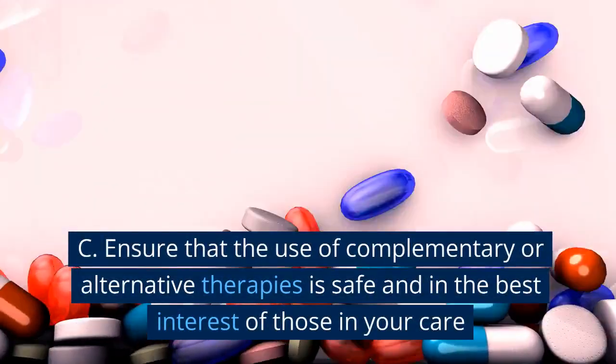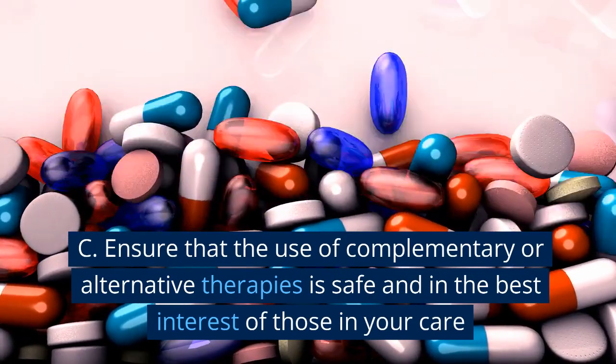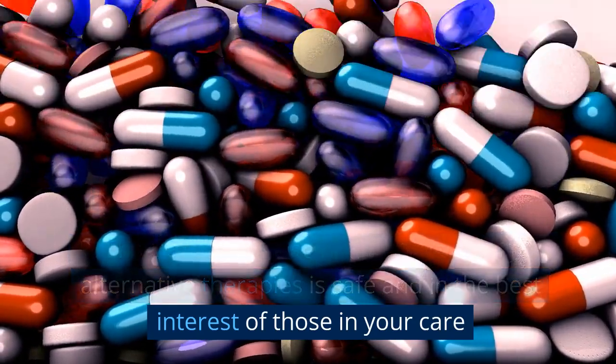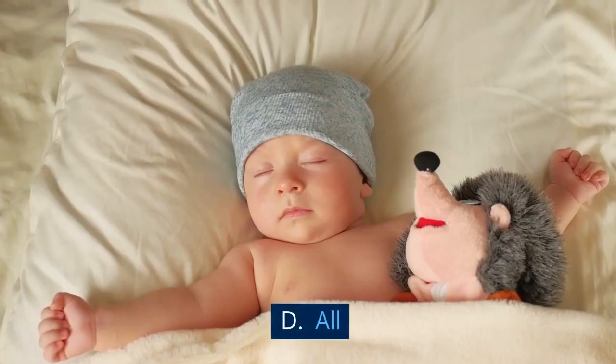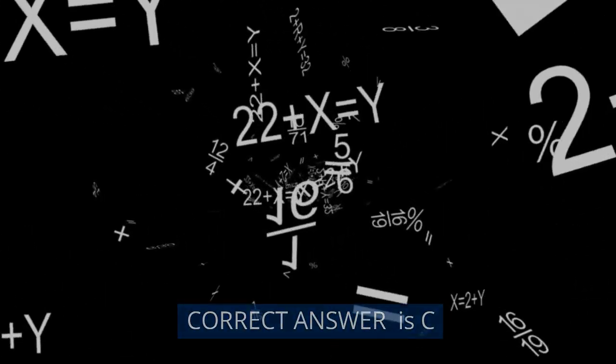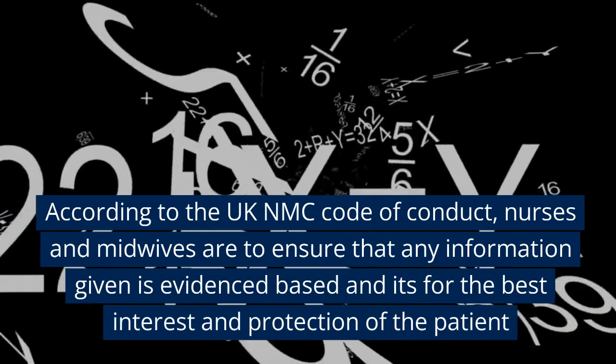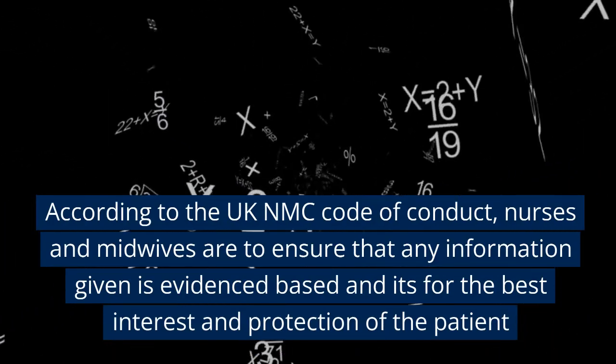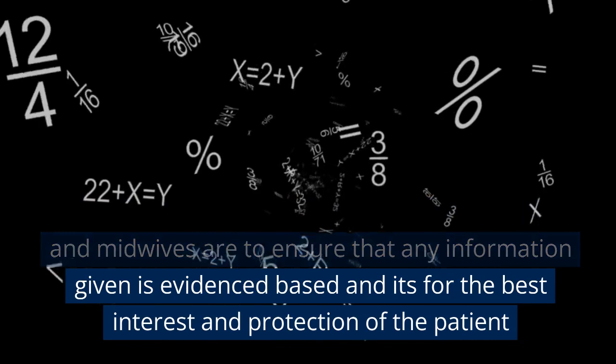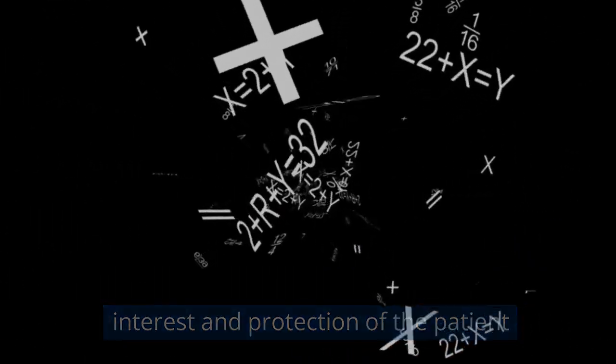C. Ensure that the use of complementary or alternative therapies is safe and in the best interest of those in your care. D. All. Correct answer is C. According to the UK NMC Code of Conduct, nurses and midwives are to ensure that any information given is evidence-based and is for the best interest and protection of the patient.